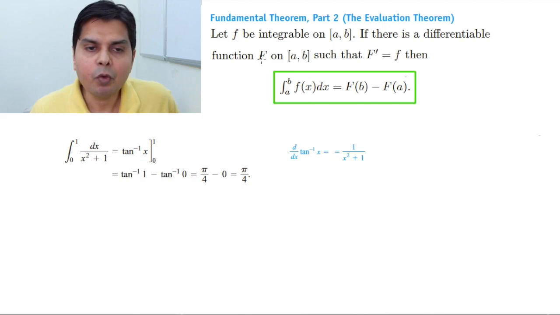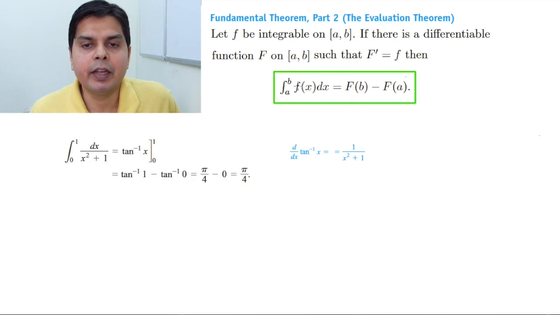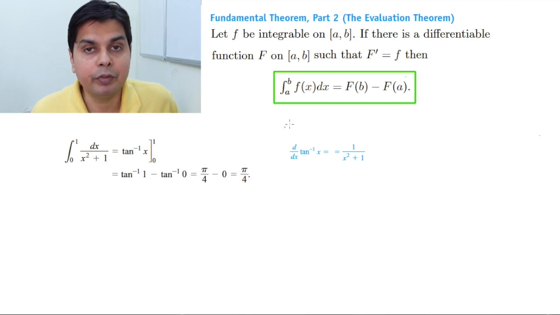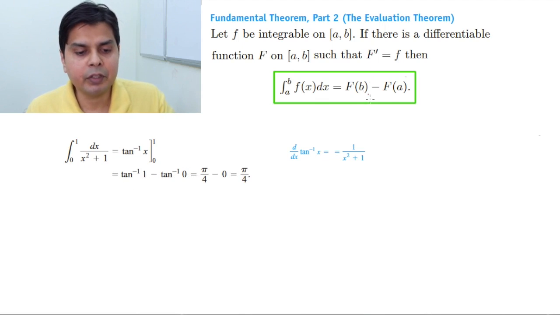Once I have found that function, I find the value of F at the upper limit minus F at the lower limit. So tan inverse x is a function whose derivative is equal to 1 by x square plus 1. So this integral will be tan inverse 1 minus tan inverse 0, which is equal to pi by 4. Very simple.